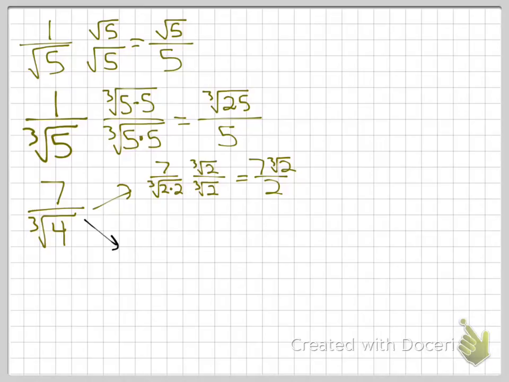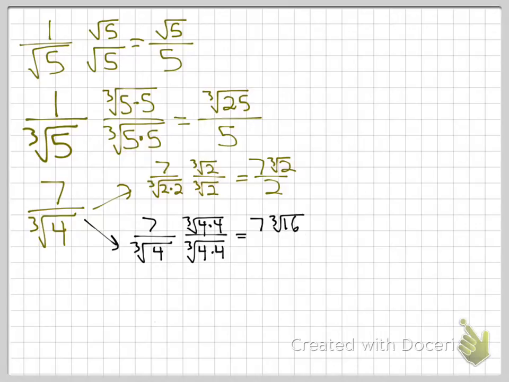What if we went with the 4s? So now if we did cube root of 4. How many more 4s do we need? Okay. So I got 7 cube root of 16 over 4.